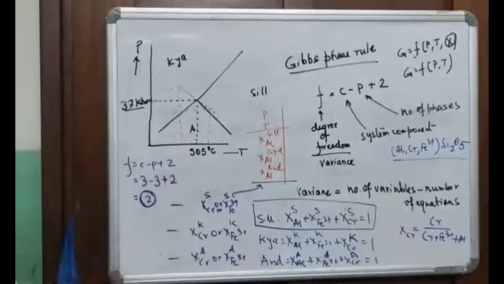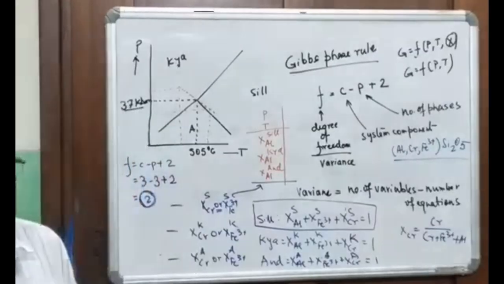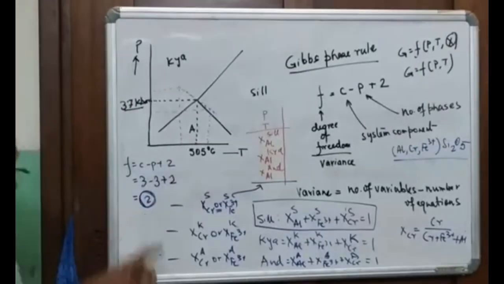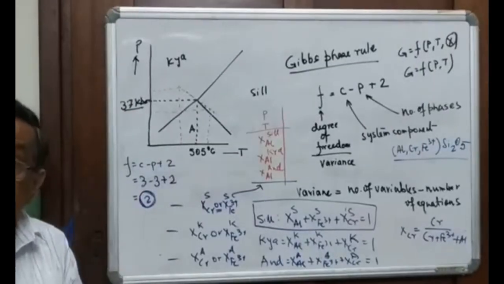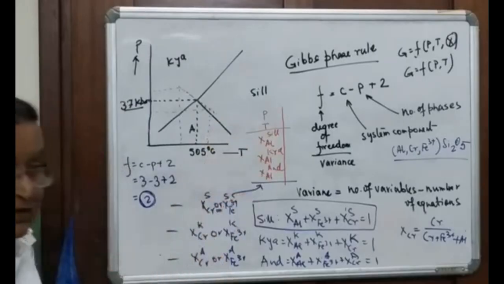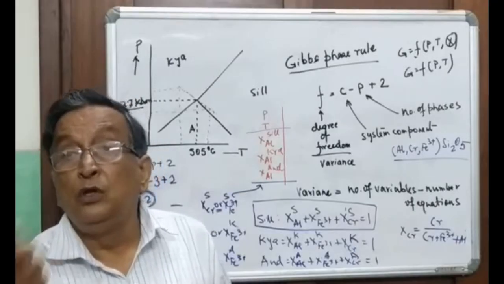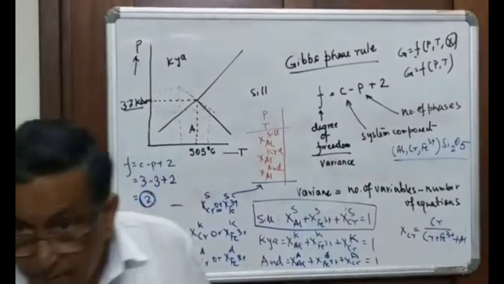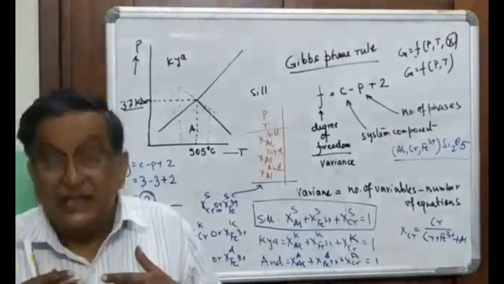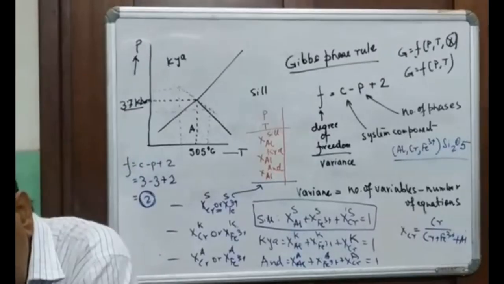And that is why Gibbs phase rule should be understood as a philosophy, not as an equation. Remember, Gibbs phase rule is only helping you out. Gibbs phase rule tells you the number of variables that are needed, the number of variables that are unconstrained.